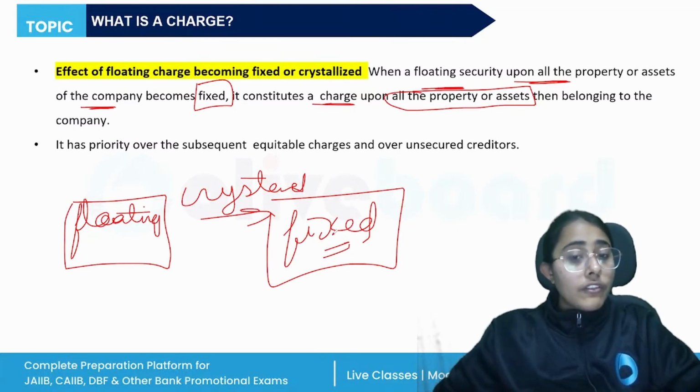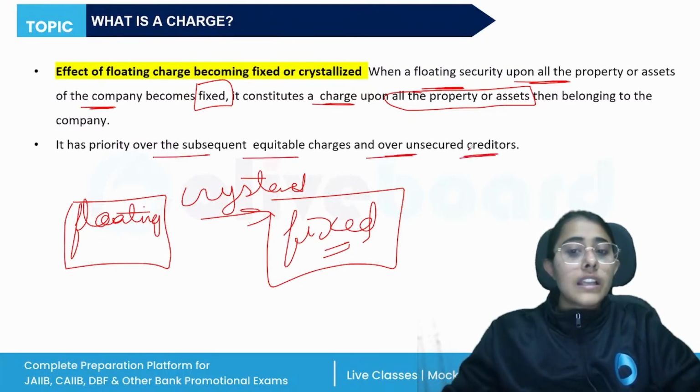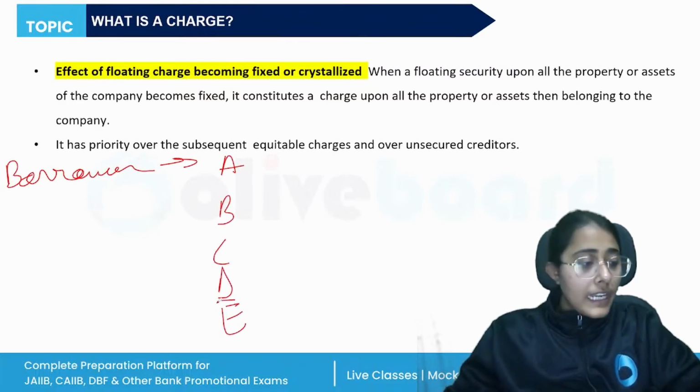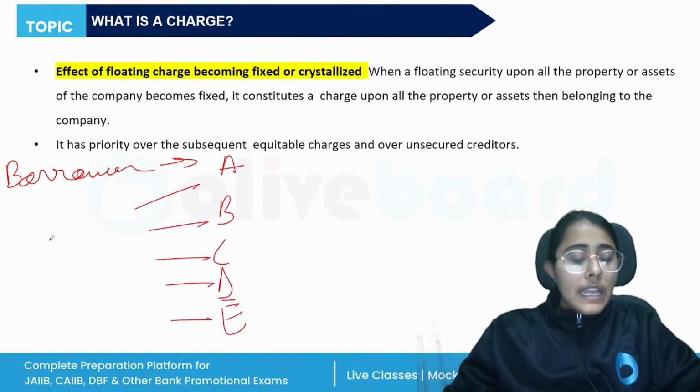What will be the benefit for the creditor? It has the priority over the subsequent equitable charges or over the unsecured creditors. Now let me just clarify it once. Let's say the borrower had taken loans from five different creditors, A, B, C, D, and E. All right, but the charge was created on the same property, let's say on the property of the company that is kept in the warehouse.